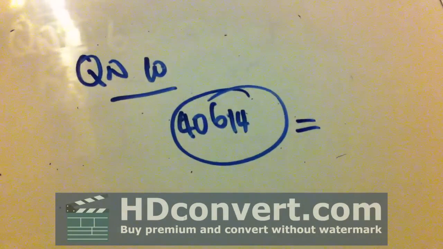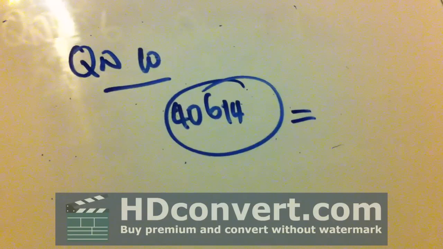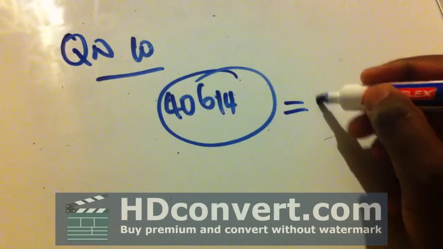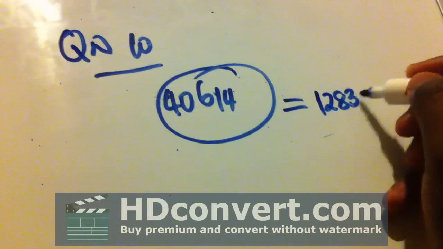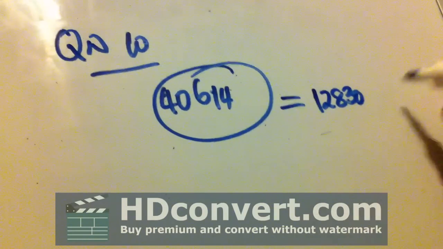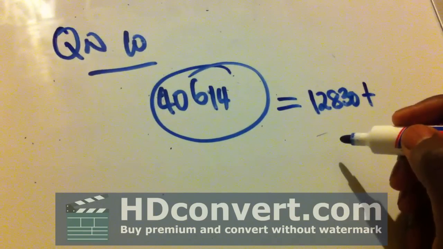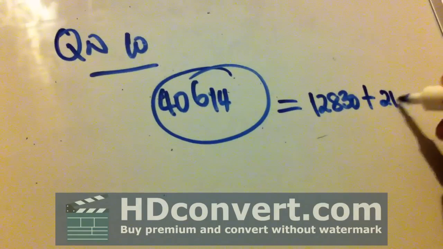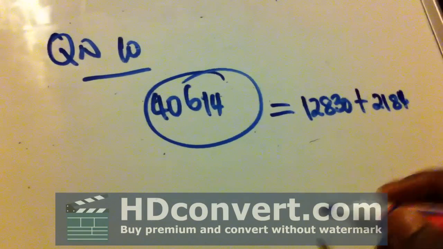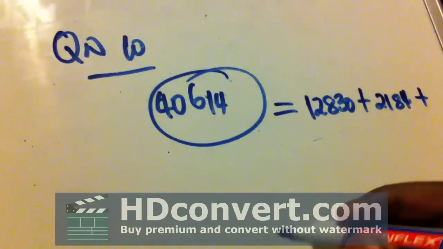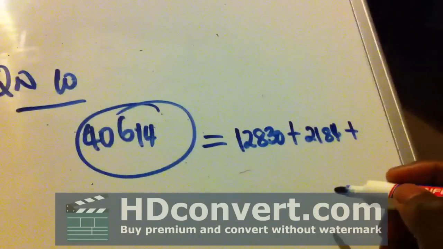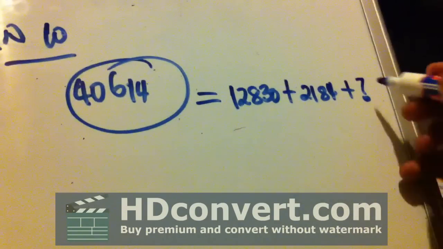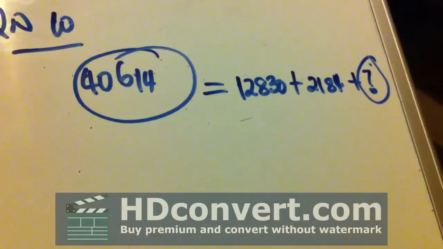How is it broken down? It's broken down by sundries of 2830, right? Plus VAT output of 2184, plus your sales of question mark. So you need to determine this question mark.